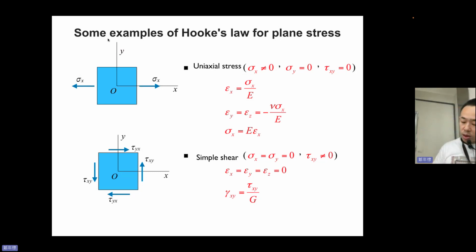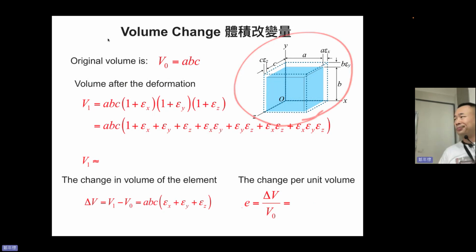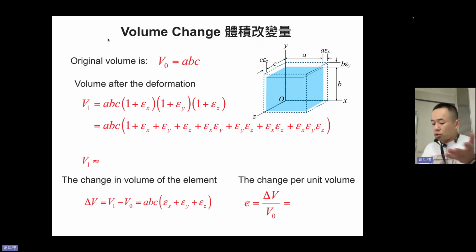I'm going to introduce the figures that I just introduced. a, b, c are the original lengths in the x, y, and z directions. So a times epsilon x is the displacement in the x direction, b times epsilon y is the increment in the y direction, and c times epsilon z is the increment or decrease, I don't know, in the z direction.